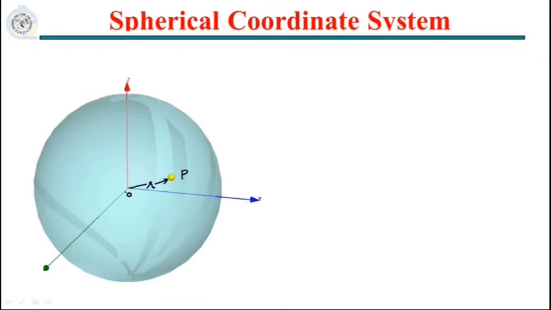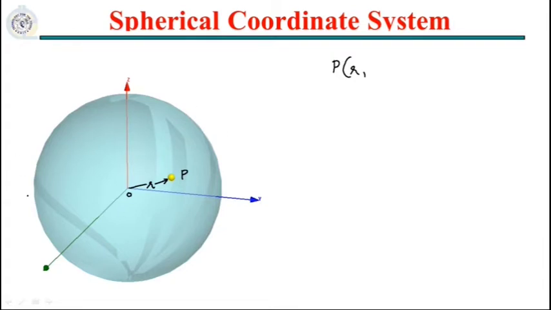Right now you have only information about the radius. You don't know where the other terms are. So all we know right now is that to define a point, I need to know the radius. Where exactly is it on the surface of the ball?